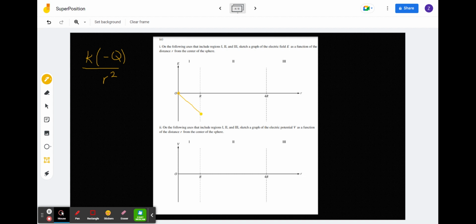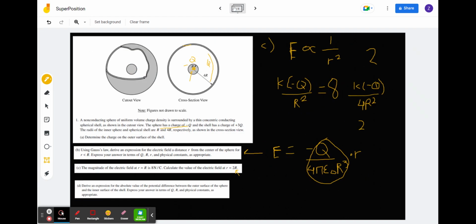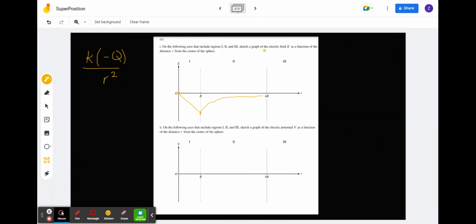So at some value, at r, it would be somewhere here. The electric field at that point should be continuous. And since it's 1 over r squared, it should be starting to approach 0. Right. So it'll be like this. It'll grow in a 1 over x squared fashion.